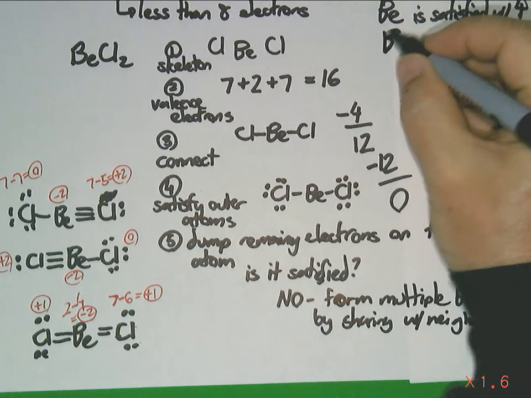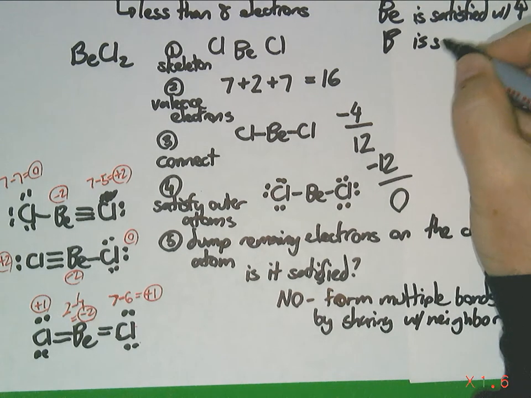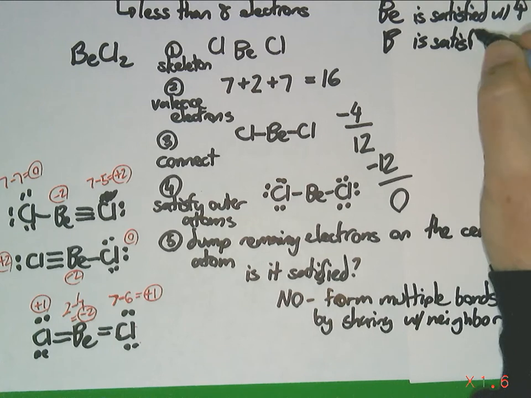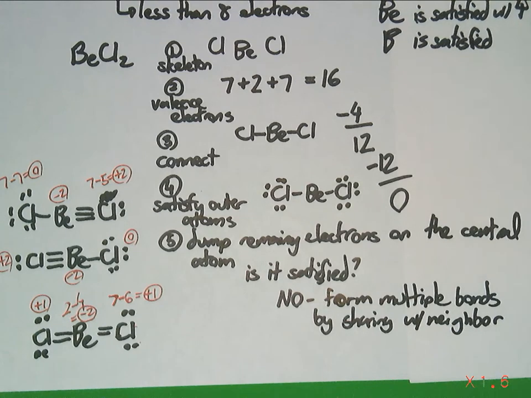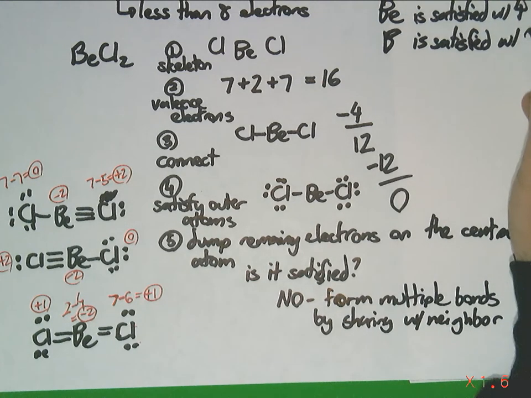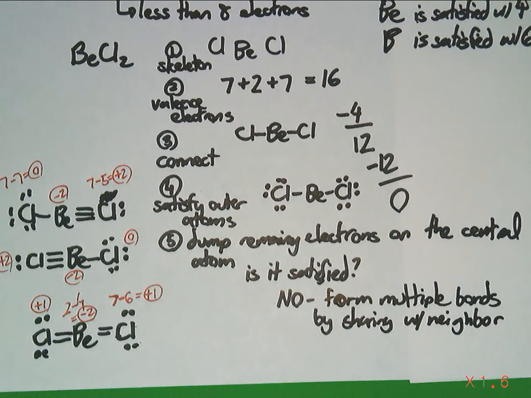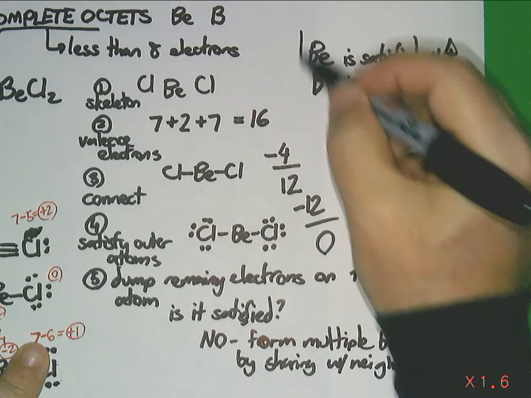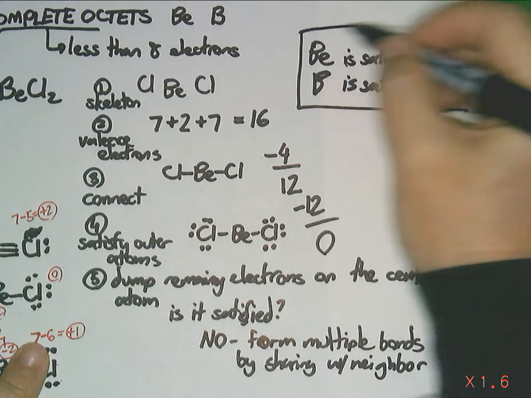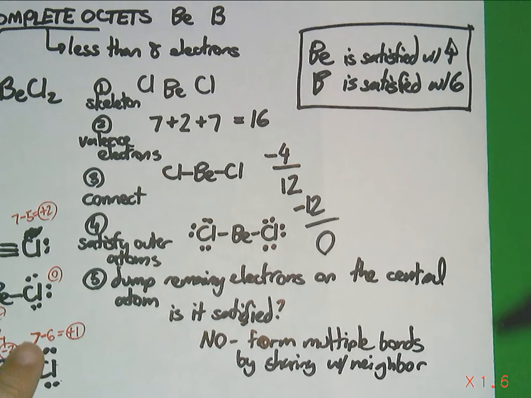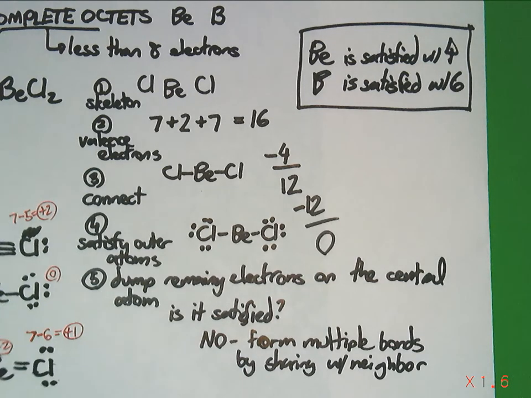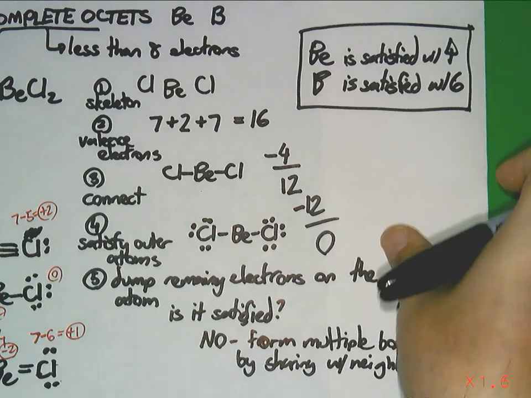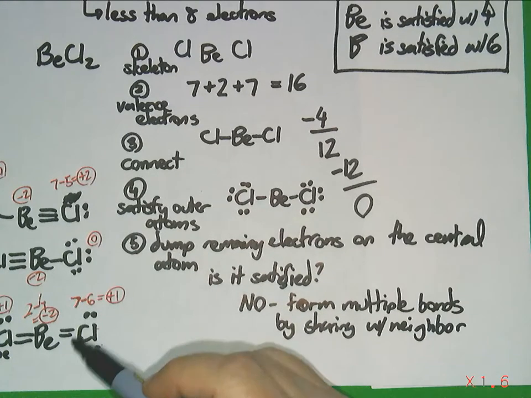And boron is satisfied not with an octet, but with 6 electrons. Let's put a box around this. This is the key to understanding how to fix structures that have boron or beryllium in the center. They have incomplete octets.